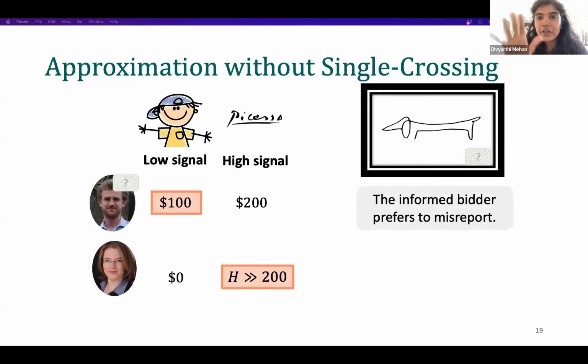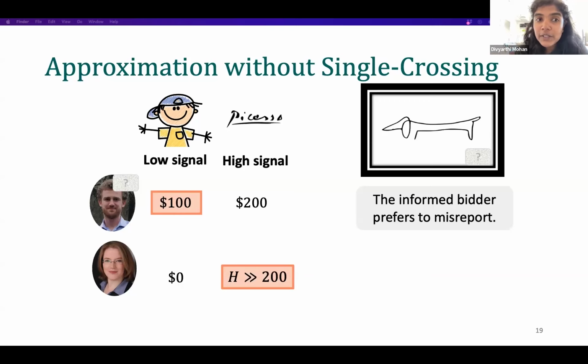Here, think of Rebecca as having a really high arbitrary value when she learns that this is a Picasso. If it turns out that this painting is actually just made by a child, then to get any approximation to the welfare, we should allocate it to Simo, right? Otherwise, Rebecca has 0 value and we will get no approximation guarantee.